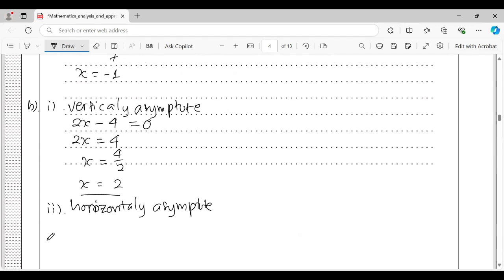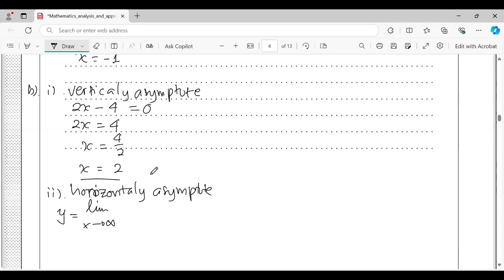Horizontal asymptote, we can determine through this way. y equals limit x approaches infinity of (7x + 7) over (2x - 4).